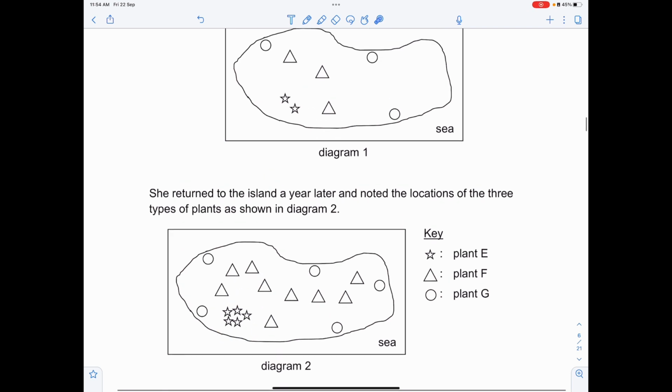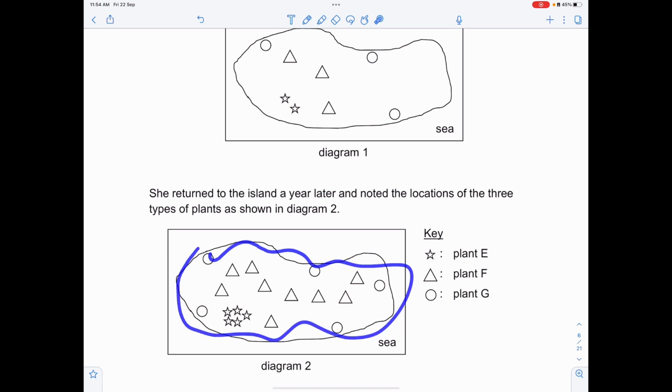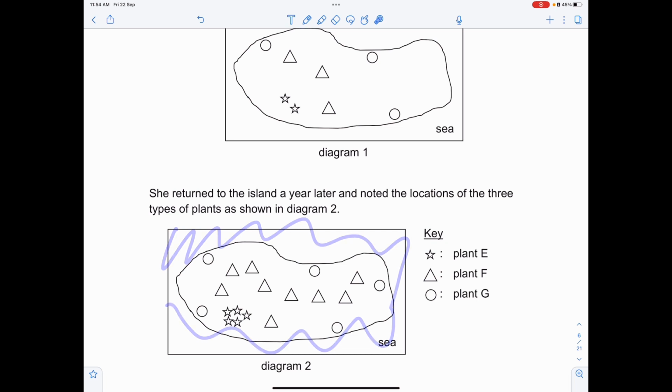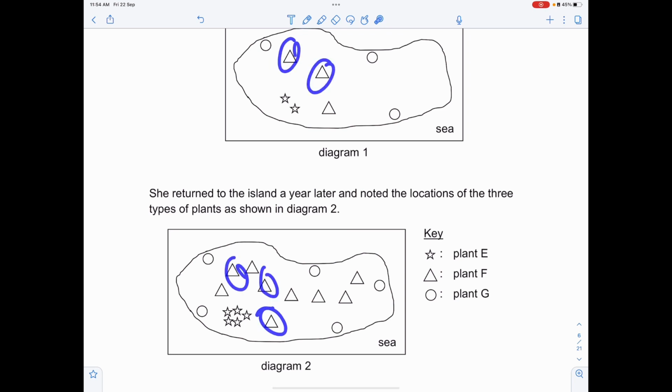The one in circle, if you realize, is along the coastline because it's an island. So the surrounding is all water. So this tells me that the circle one is actually dispersed by water. And the final one, this is the one that I need to check. This one, probably by animal because it's quite random.